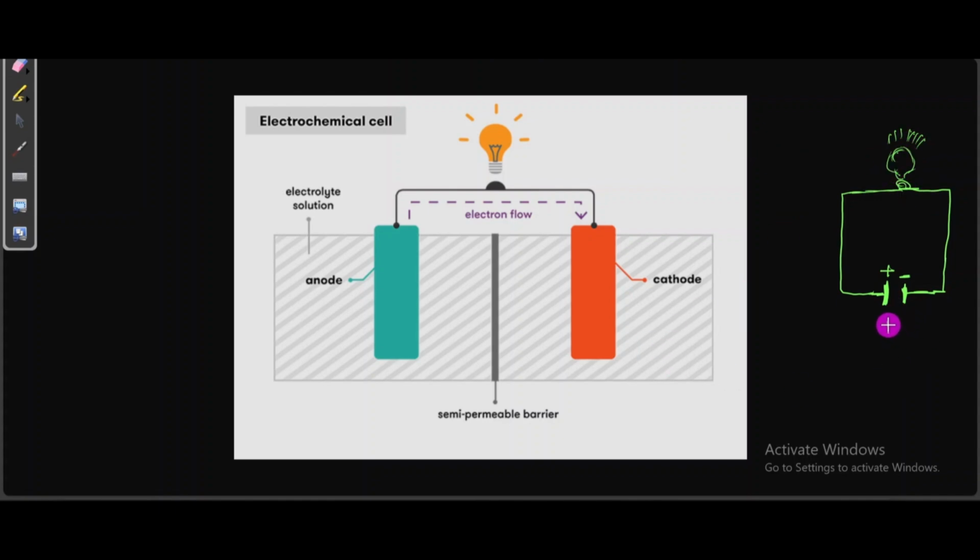Due to this battery, the bulb will turn on. Inside this battery such a process occurs. Here in this case, this battery is called the source of EMF, electromotive force.